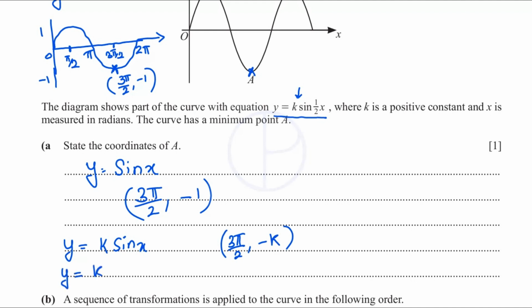And let's apply the stretching along the x direction by the factor 2. So k sine 1 over 2x. Okay, the factor is 2. So 3 pi divided by 2 multiplied by 2 comma negative k. So only the x value changes, y value will not get affected. So this is nothing but 3 pi comma negative k.